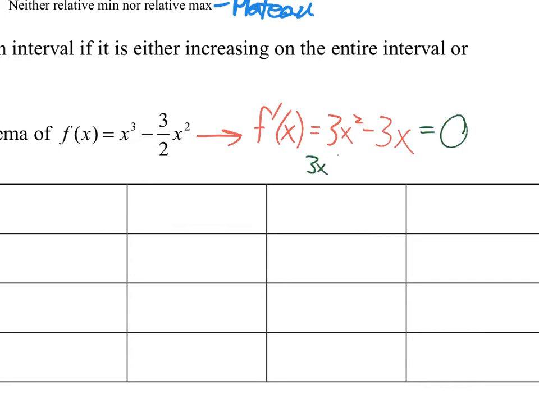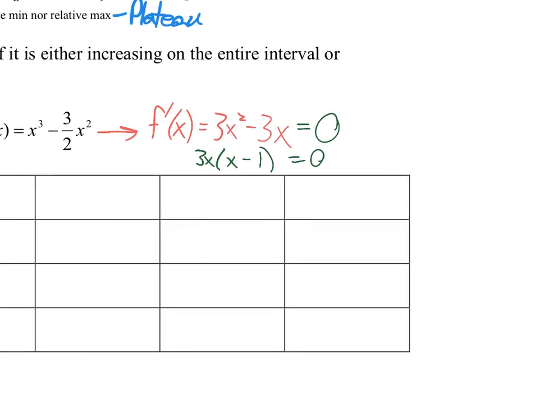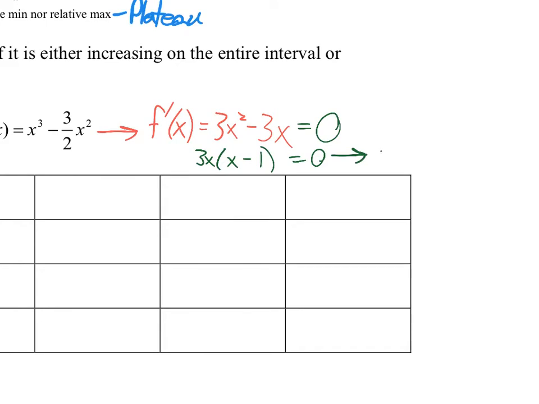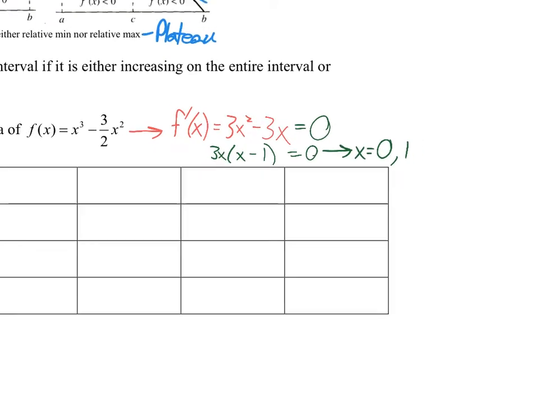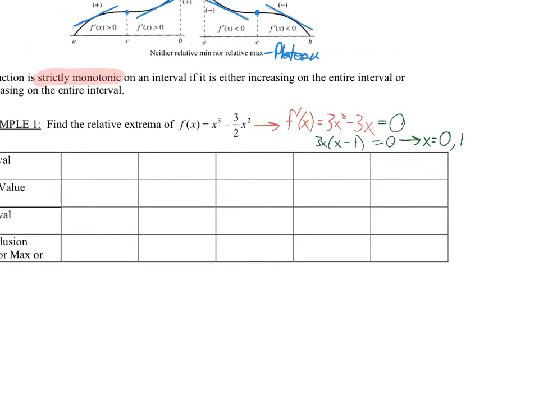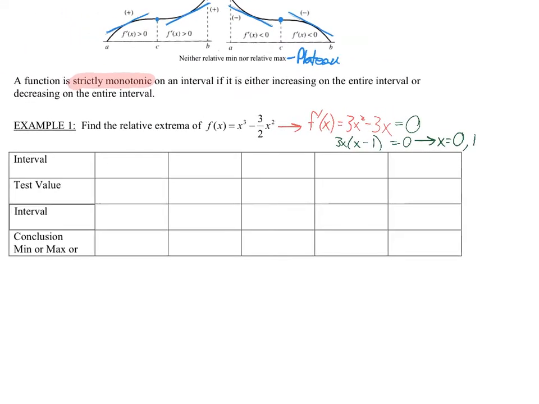If I factor out a 3x and I have an x minus 1, this gives us critical numbers at x equals 0 or 1. Now, my personal preference is actually to use a sign diagram, but this table is helpful in letting us see a few things here. So I'm going to give myself some room to write.